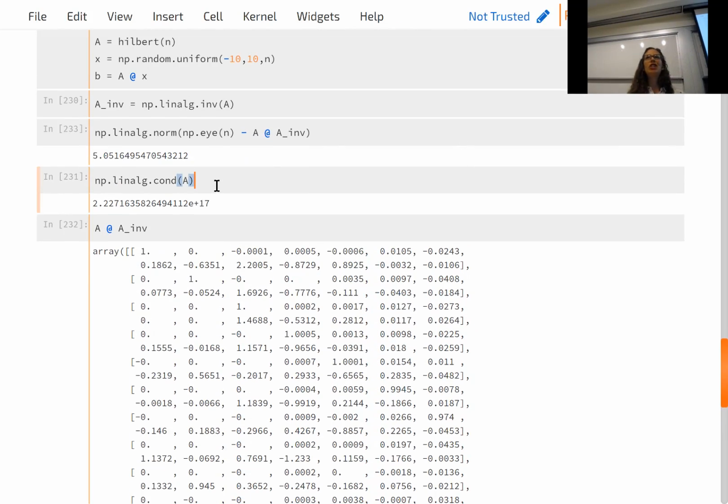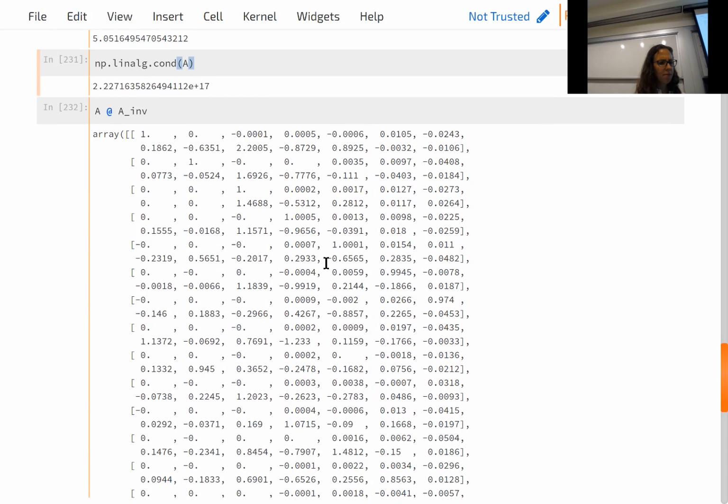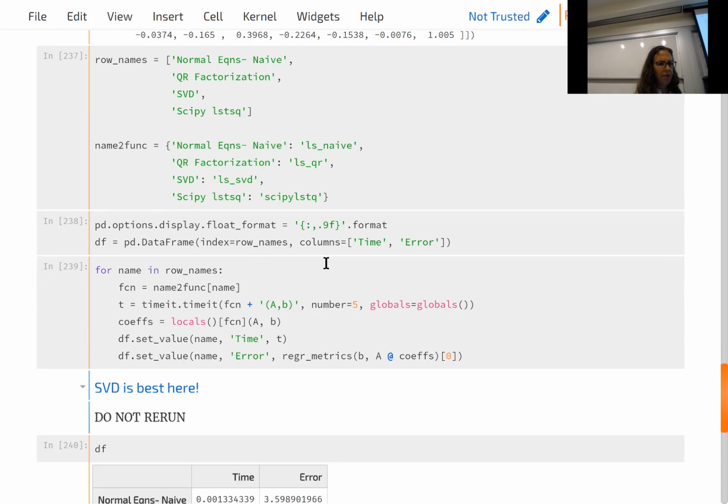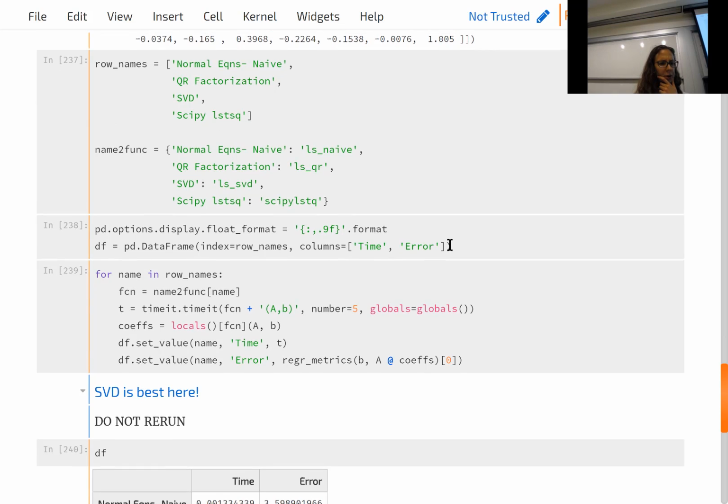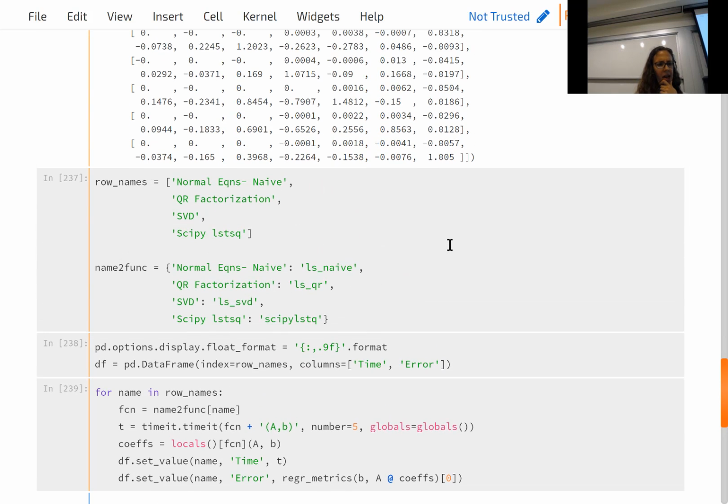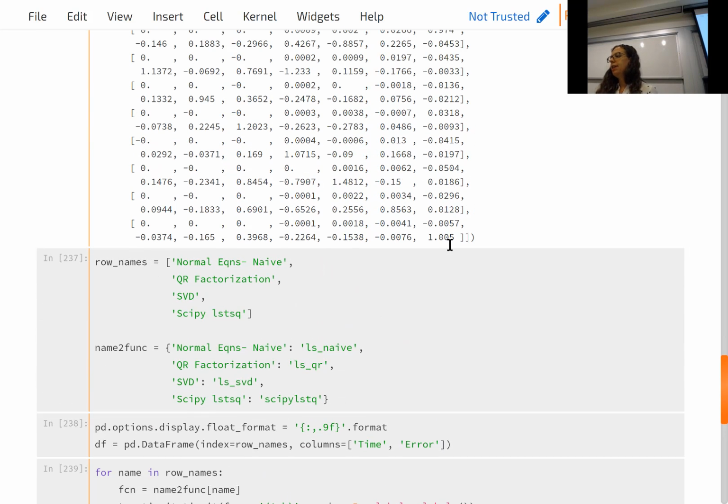And so if we look at the condition number of A, it's on the order of 10 to the 17th, which is a really bad sign that it's so large. And that's, I would say, the primary reason that you don't want to calculate a matrix inverse.